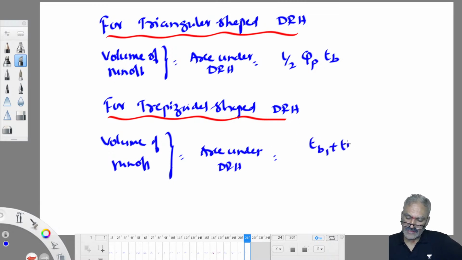So (TB1 plus TB2) by 2, that is (a plus b) by 2, into h. The peak is QP, so (a plus b) by 2 into QP will give the area under the curve.